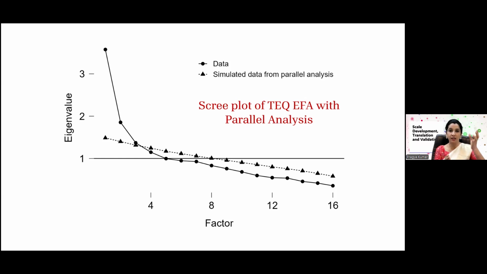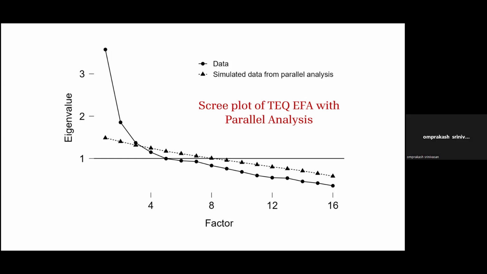Later we will see in the analysis that the initial 3 or 4 factor structure explains 60% of the variance. Then even if you add factors, it is only going to add 1 or 2% of variance, and that will complicate the whole factor structure. So the dimensionality reduction which we talk about will not be possible.